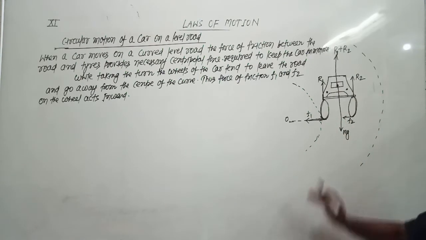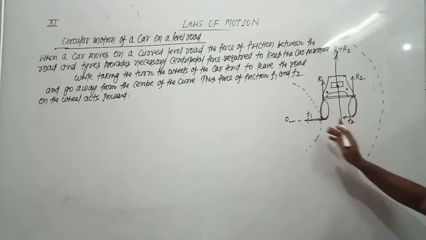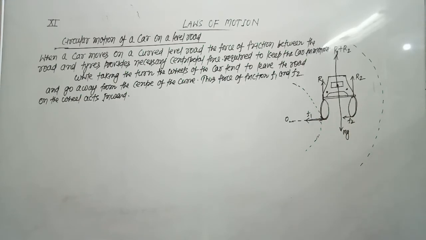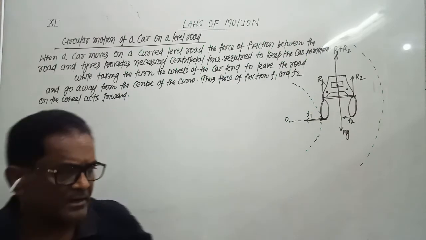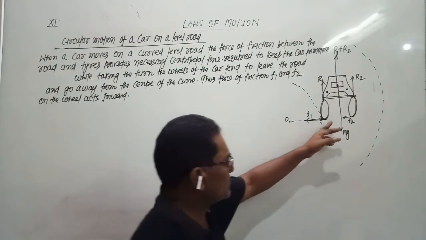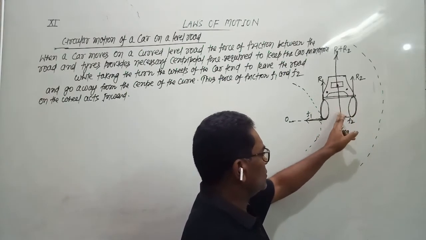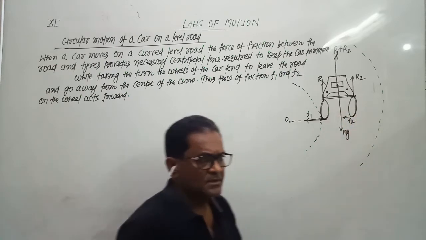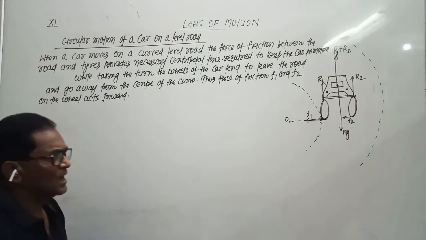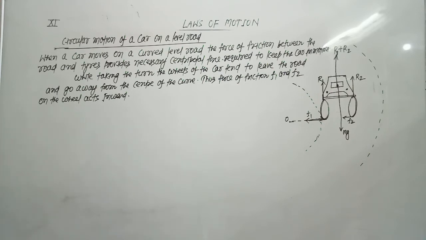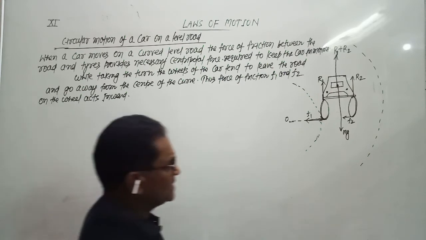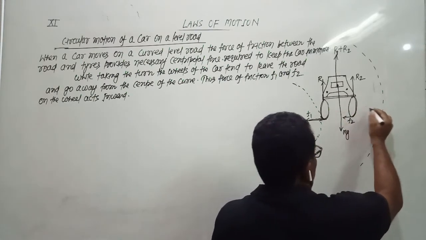This is the tendency of the wheel to go away from the center of the curve and leave the road, in the opposite direction.